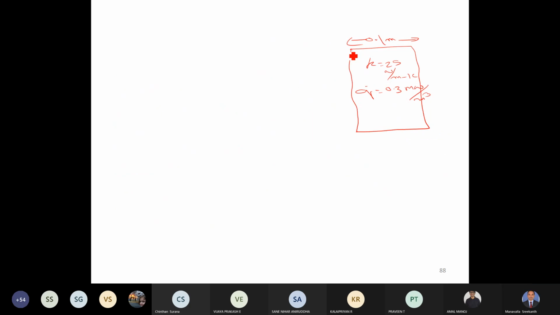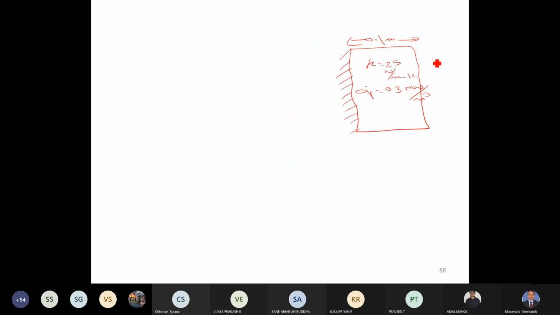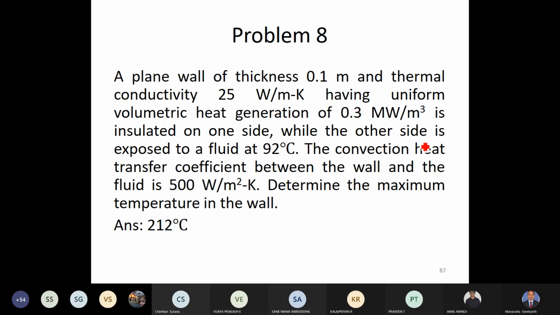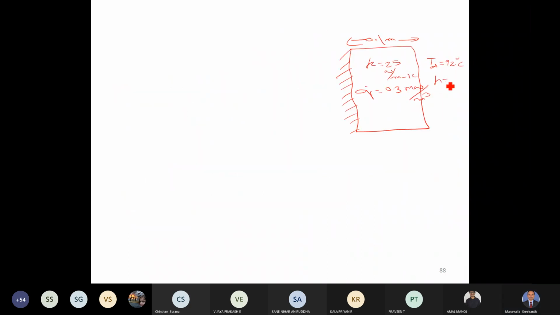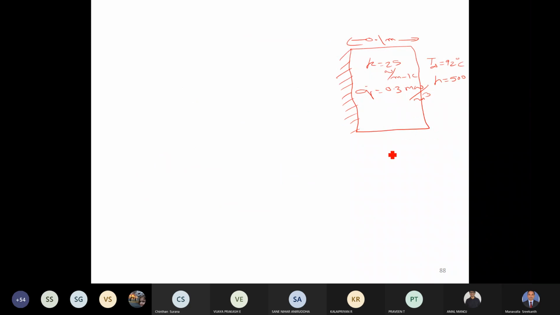Let us say this, we will take it as the right side. This is the insulation. The other side is exposed to a fluid at 92 degrees. Heat transfer between the wall and the fluid. This is the maximum temperature. So in the entire domain, what is the maximum temperature?